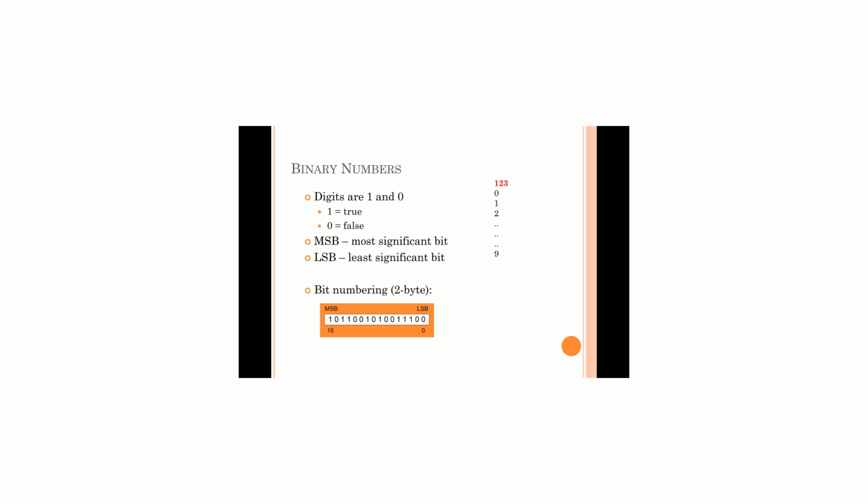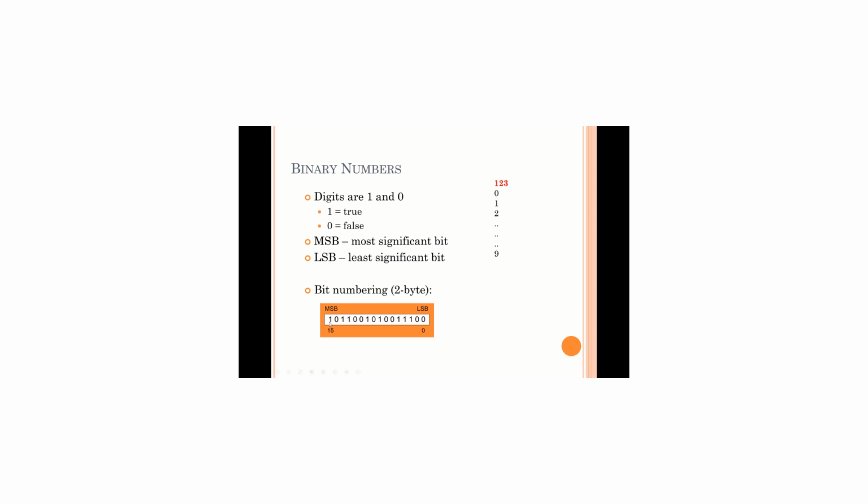Binary numbers have only two digits, 1 and 0, and they represent the circuitry being on or off. If you look at a number like this, 1 0 1 1 0 0 and so on, this is a 16-digit binary number.